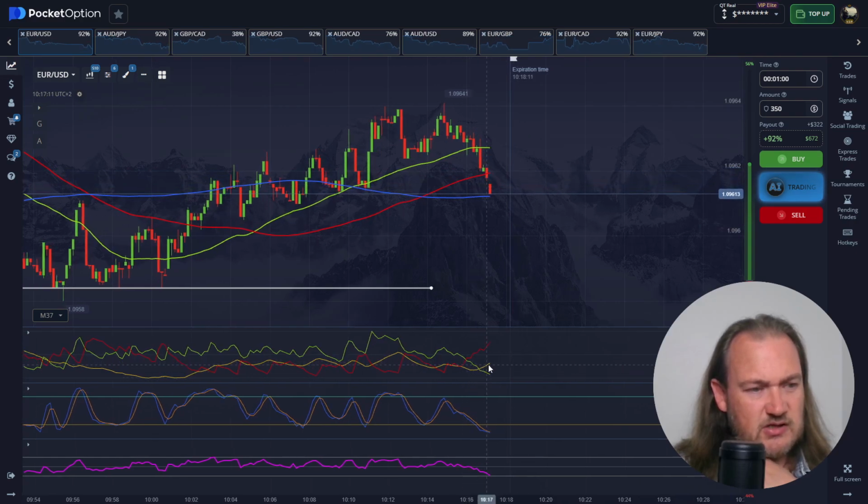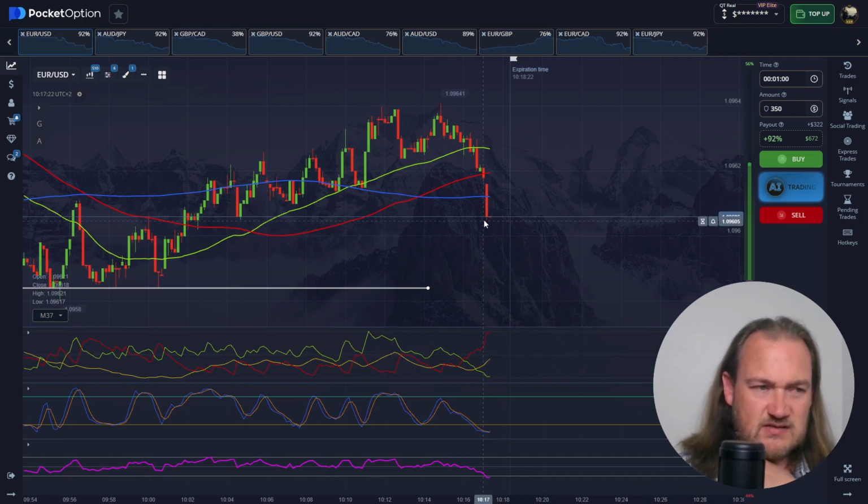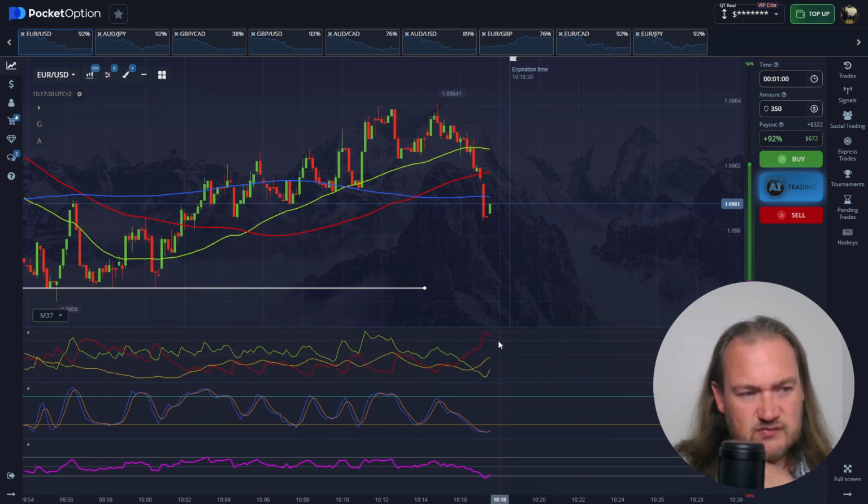ADX is starting to climb again, while my DI is moving upwards quite quickly. It tells me there's strength behind this movement. So taking buy trades here is very risky. Might push up to this area now, but this is moving downwards for sure.